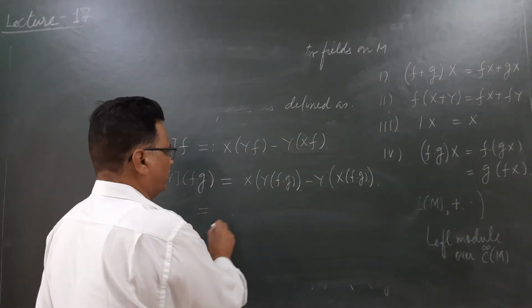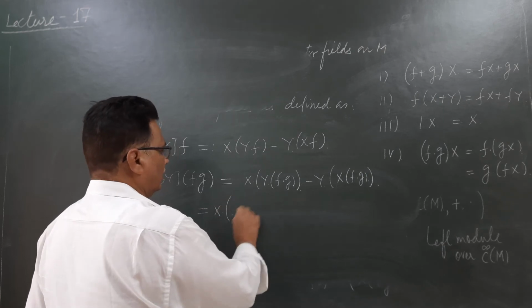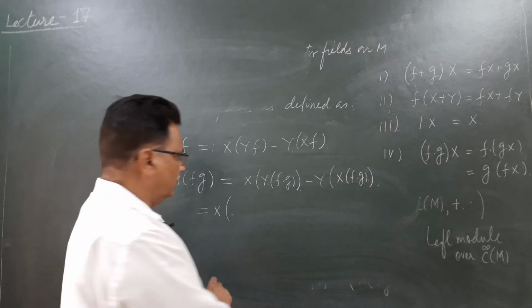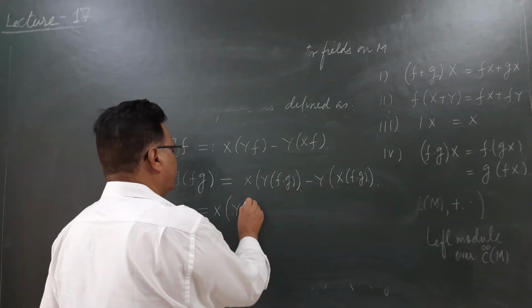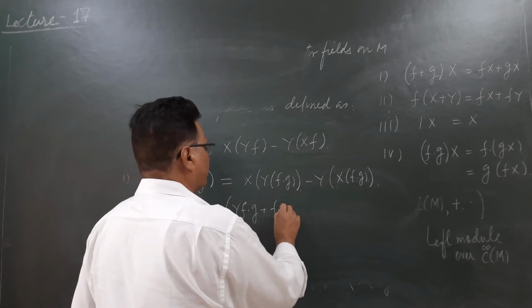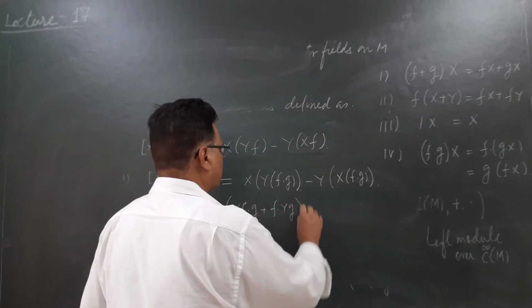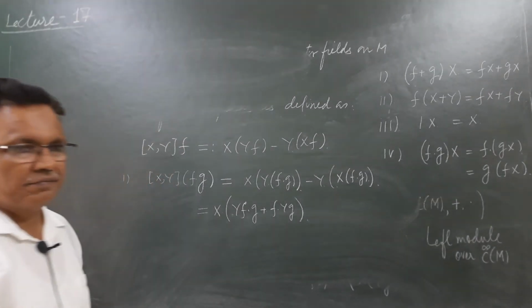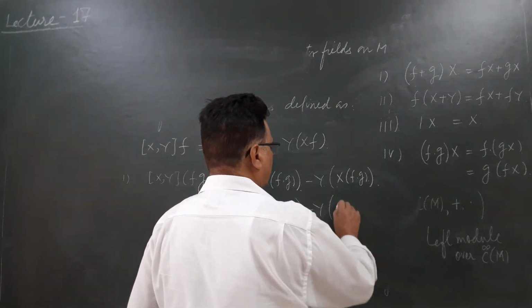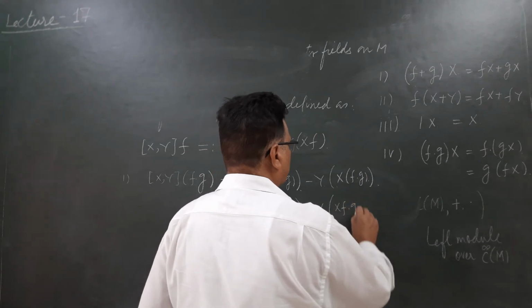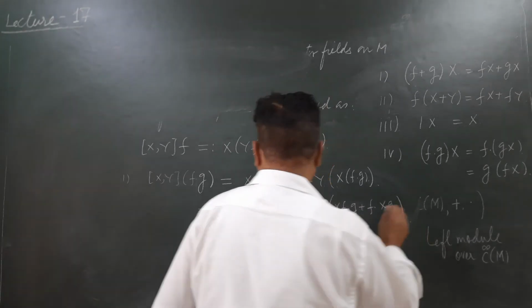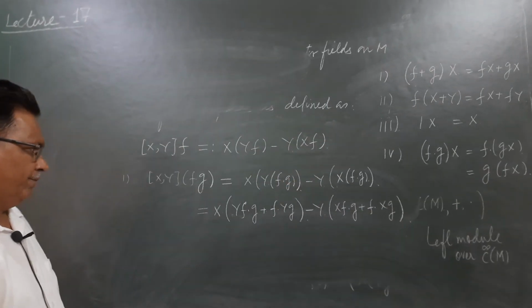Second step will be X. Now Y is operating on the product, so Leibniz property will hold. So by Leibniz property it will be Yf into g plus f into Yg. Same thing here, Y operating on Xf into g plus f into Xg. Okay.